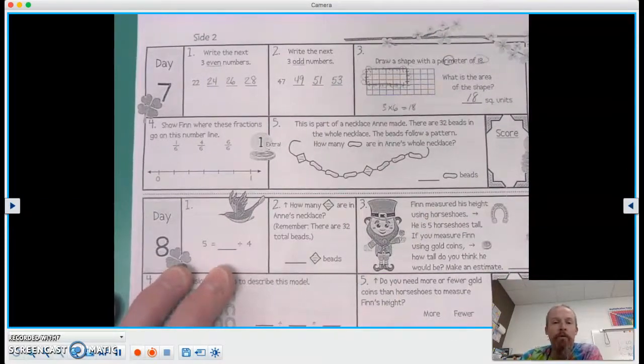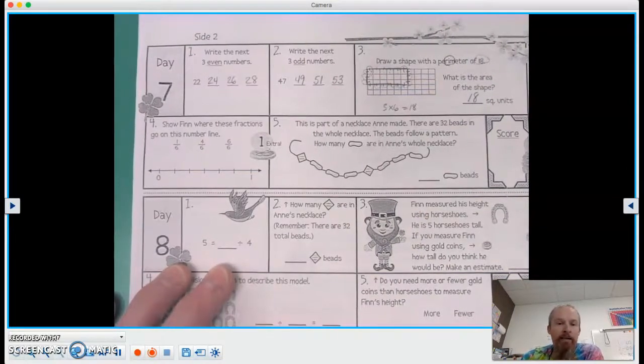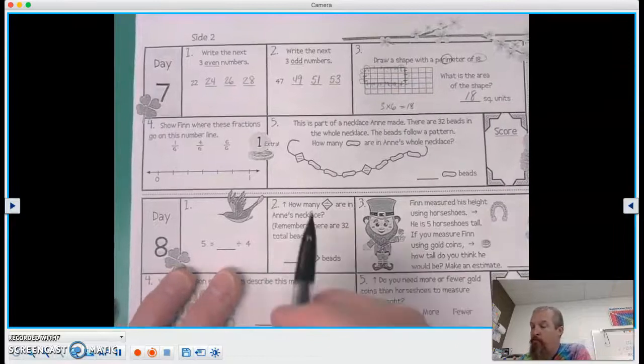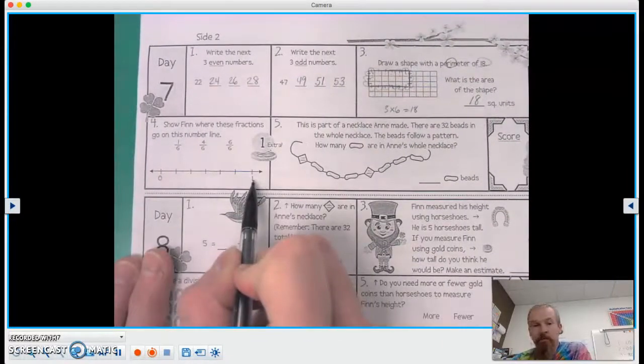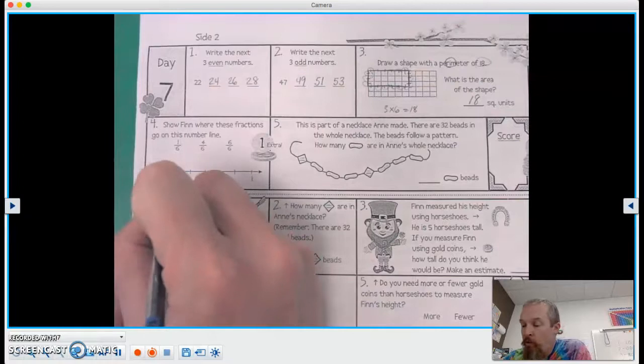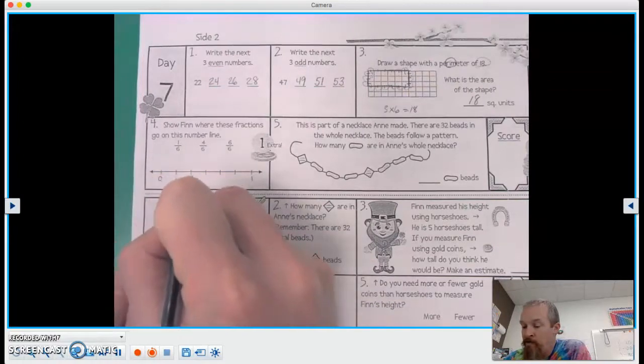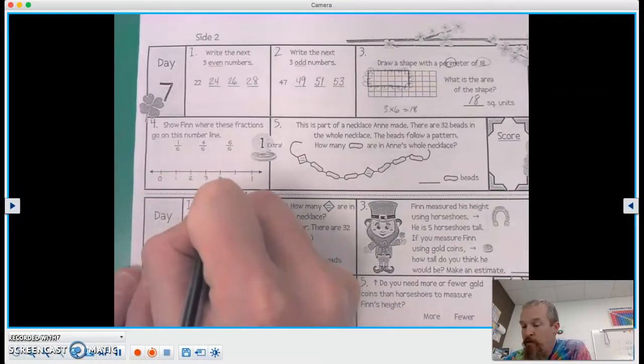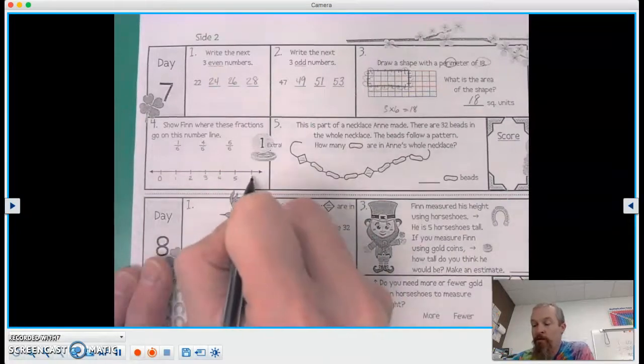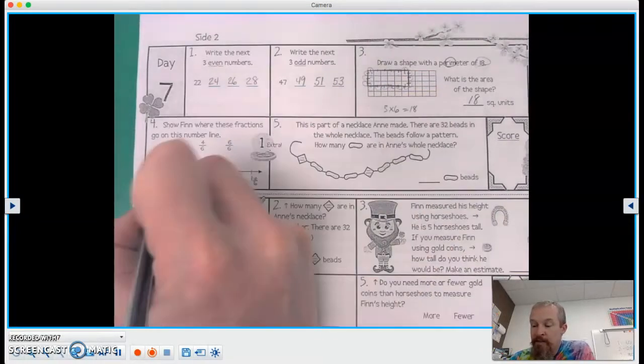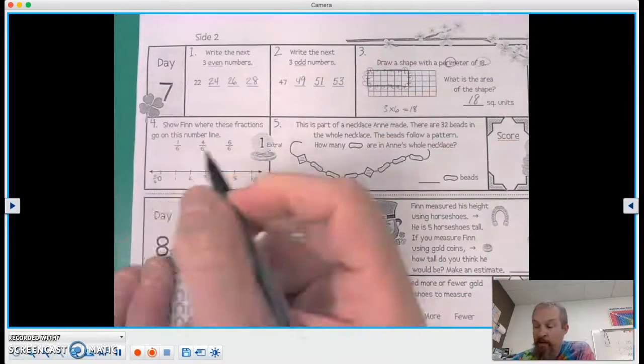Show where these fractions go on this number line. So let's see, 0, and there's a 1. So here would be 1 hop, 2, 3, 4, 5, and that would be 6 over 6, and this here would be 0 over 6, right?